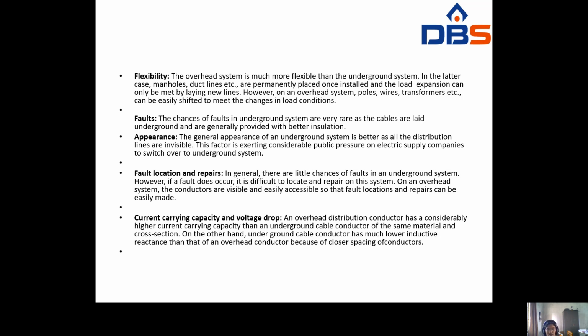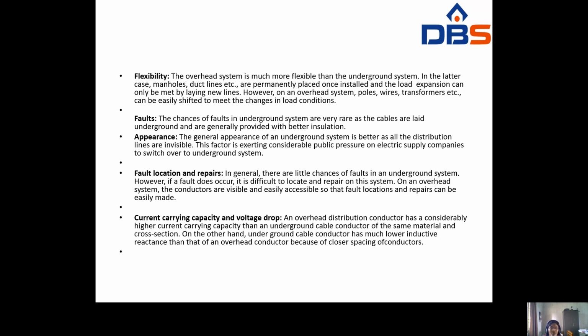But in the overhead system, poles, wires, transformers, etc. can easily be shifted to meet the changing load conditions. According to the load conditions, we can easily shift the poles, wires, transformers, etc. according to our required load conditions.